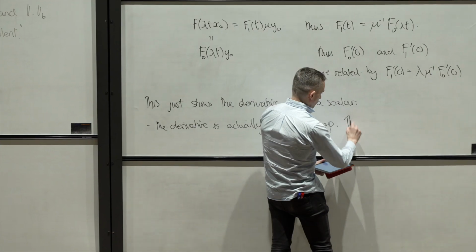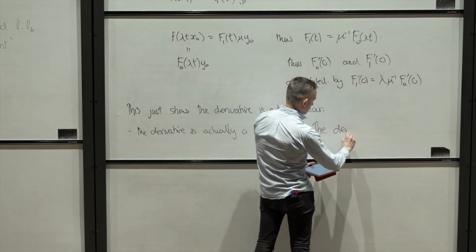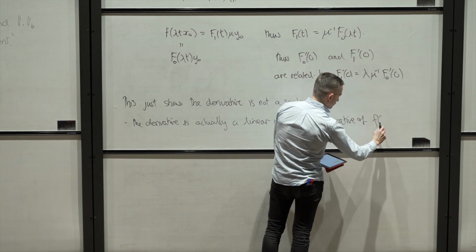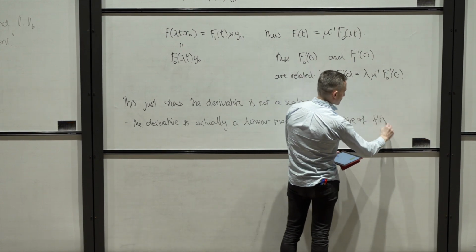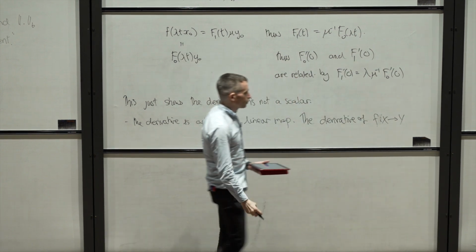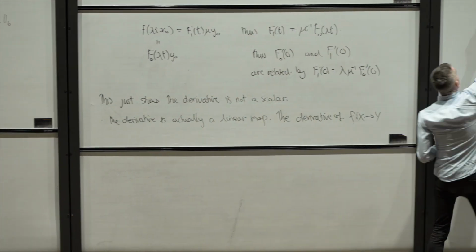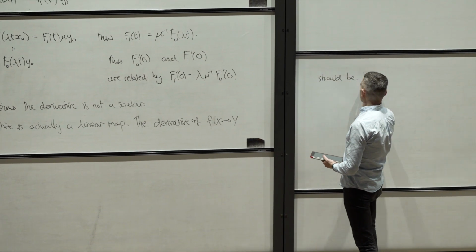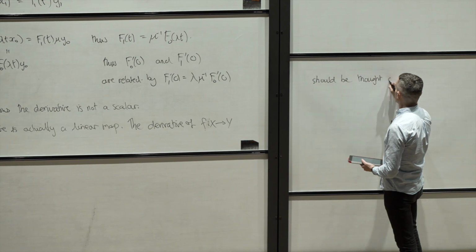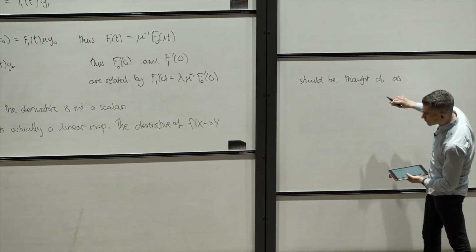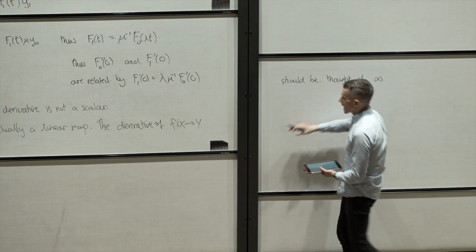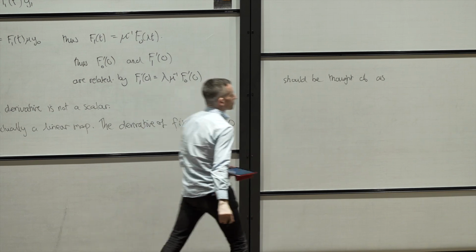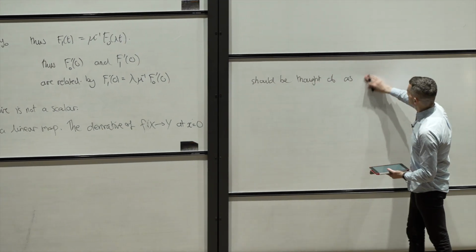So the derivative of this function f mapping from x to y, when x and y are one-dimensional, should be thought of, sorry, I should say at 0, as the linear map.